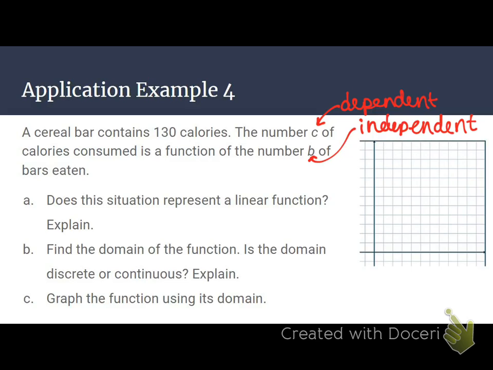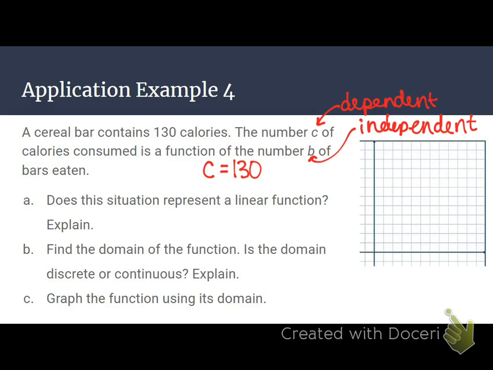So when we set up our function, dependent equals. Now this time I'll just kind of lead you there. How many calories per bar are we getting? 130. And if it's per bar, what operation do you think that means?